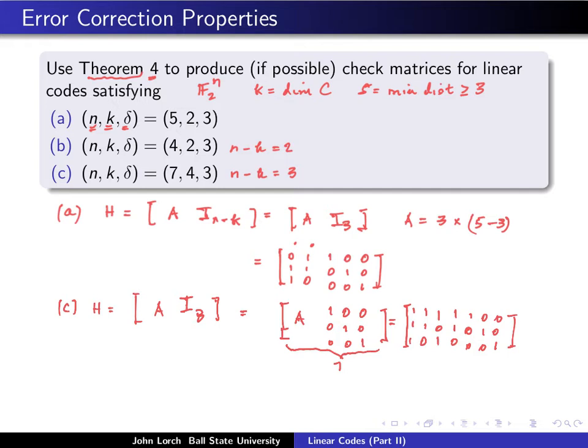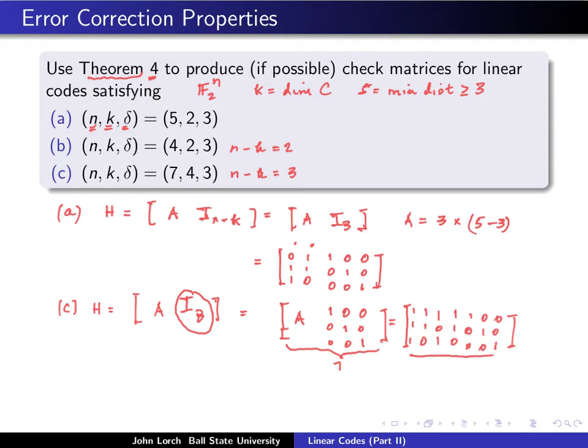And that does what I want it to do, right? They're all non-zero, and they don't repeat. And in some sense, this is the best we can possibly do with n minus k equaling 3, because this list of vectors is the entire set of non-zero vectors of length 3.